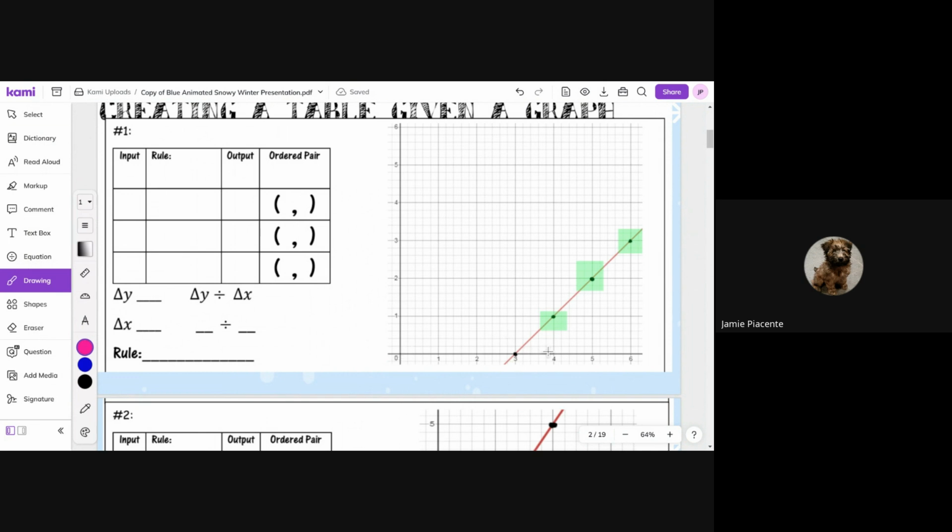So we have to go over to the 4, up to the 1. Everybody see that? This one, over to the 5, and then it's up to the 2. And these are positive. If it was negative, I would have negative numbers. This one's over 6, up 3.